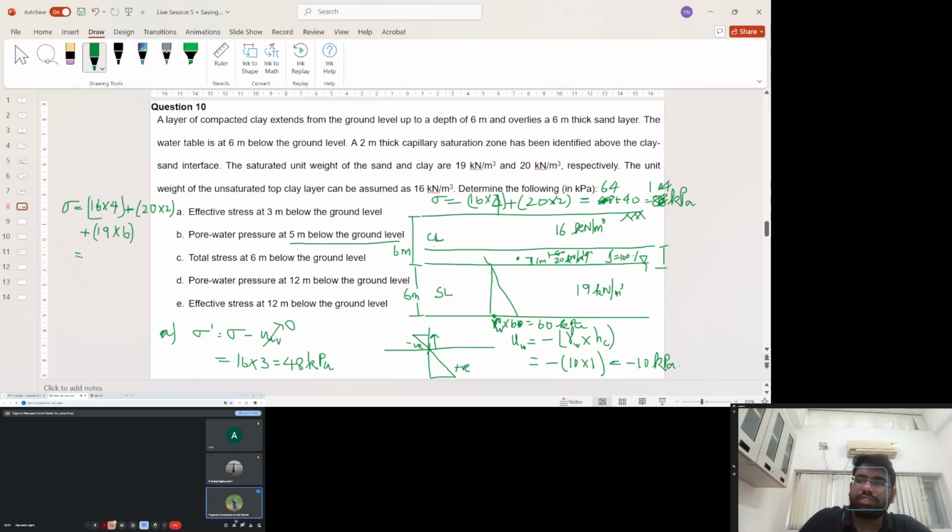So how much is the total stress? Two and eight. Yeah, it is 218, and the pore water pressure at that depth is 60.